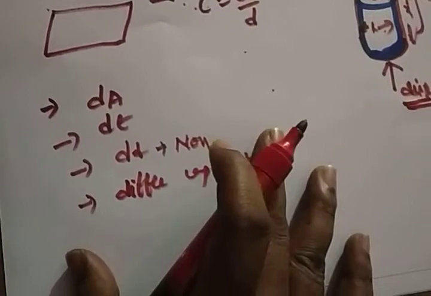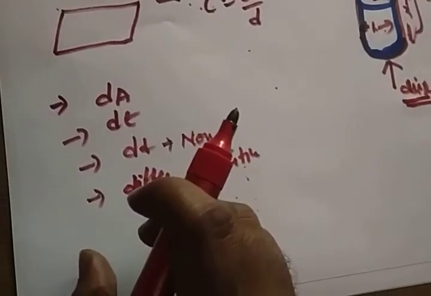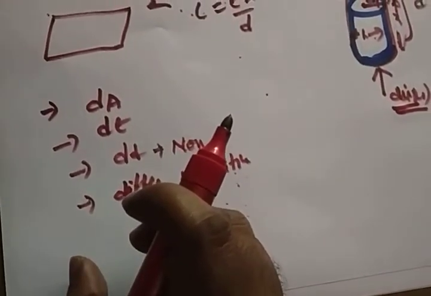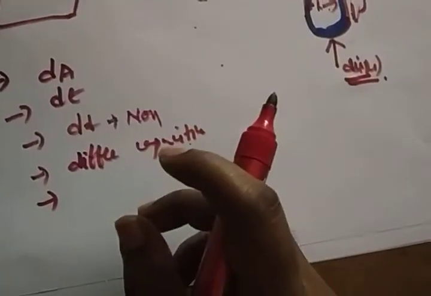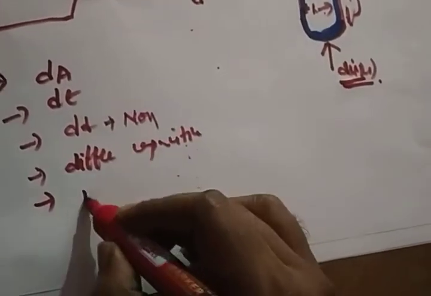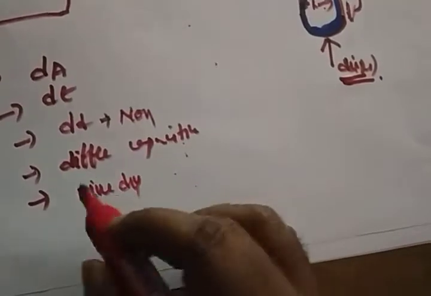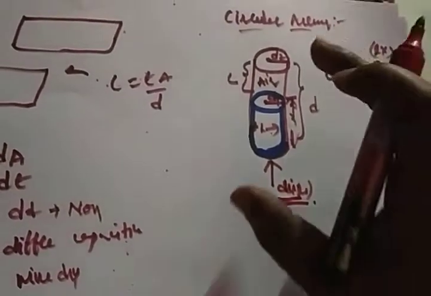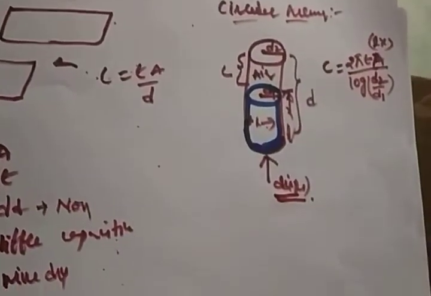I clearly explained how the differential capacitive transducer works and how you get the linear scale. After that, for a minute change, the rectangular plates can be used to find out the displacement, and for a minute displacement we go for a circular arrangement of plates to find the change in capacitance.